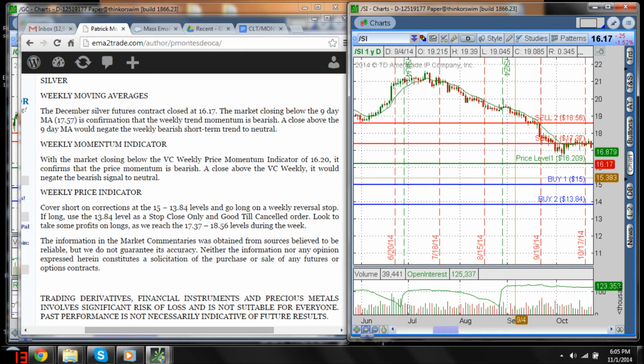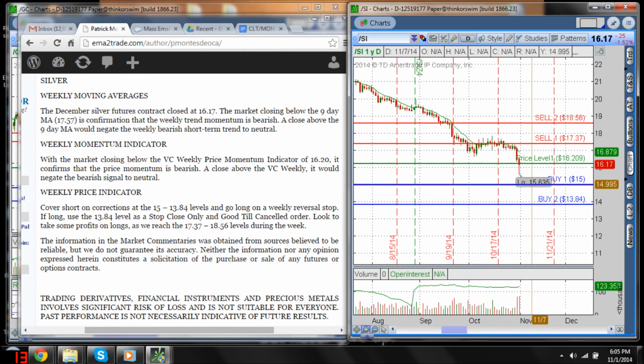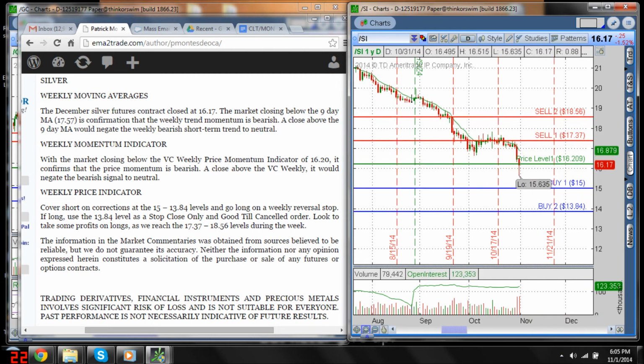If you're trading the market on a swing trade, and you buy here and it comes back up above 1620, use this level to unload some of the profits on the swing trade from buying the levels below, and a close above 1620 now would confirm additional bullishness in the market, with a first objective of 1737 and a second objective of 1856.